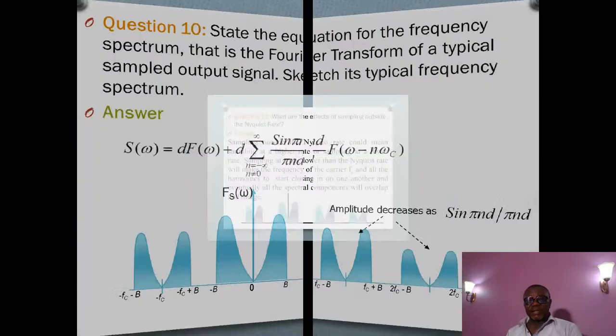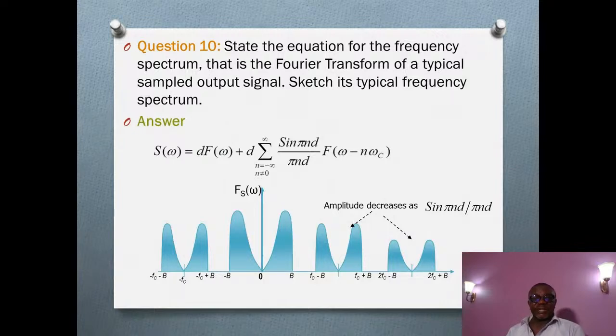Let's look at it again. Take, for instance, the center one that is at zero. To the left, we have minus B. To the right, we have B. That is what happens when you sample at the Nyquist rate.